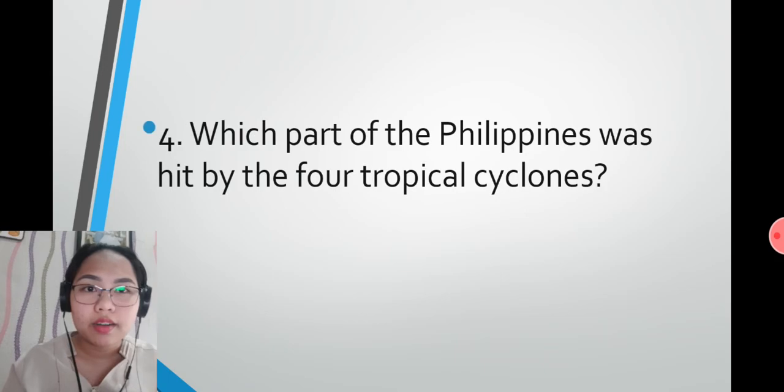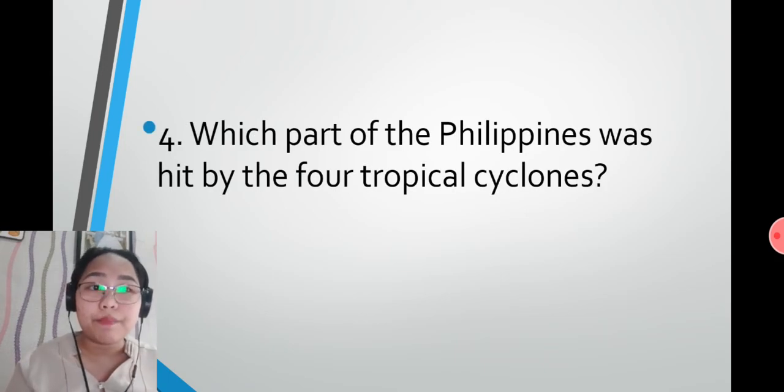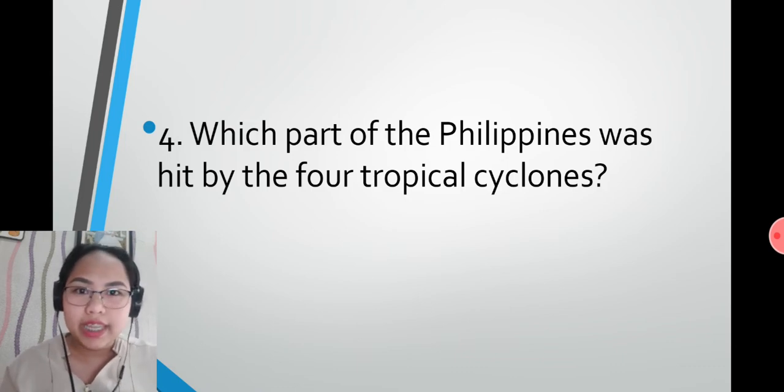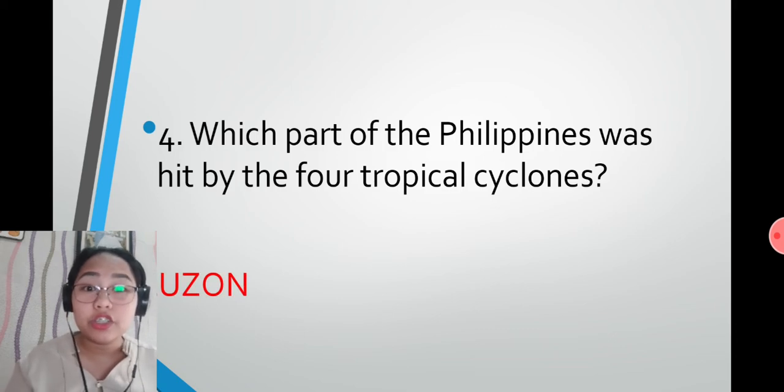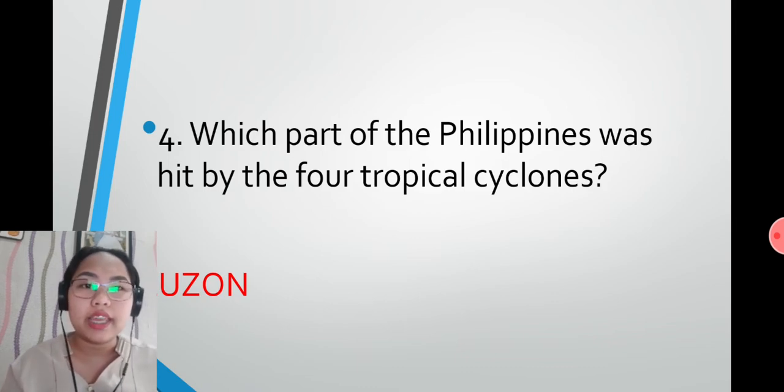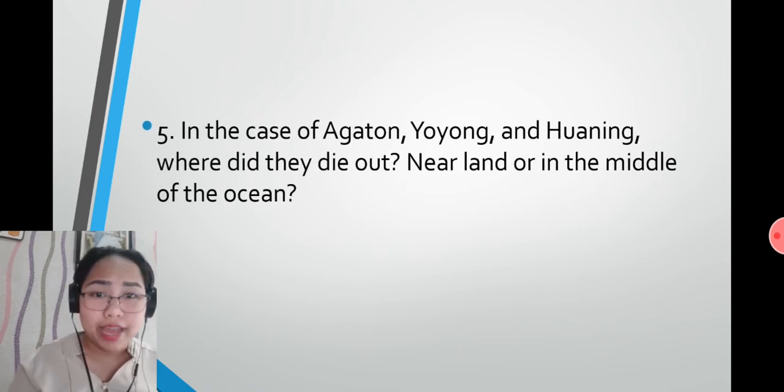Number 4. Which part of the Philippines was hit by the 4 tropical cyclones? What do you think is the answer for number 4? Very good, Luzon. As you can notice, the 4 tropical cyclones that hit the Philippines hit Luzon, okay? And lastly, number 5.